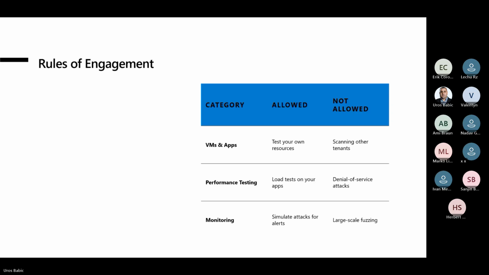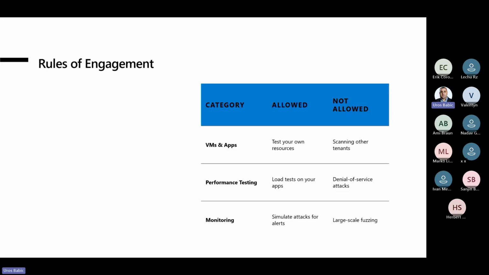Actually, that is a formal agreement. You can define how the test will be conducted to ensure it is safe, legal, and clear. It sets boundaries and expectations for both the client and the testing team.